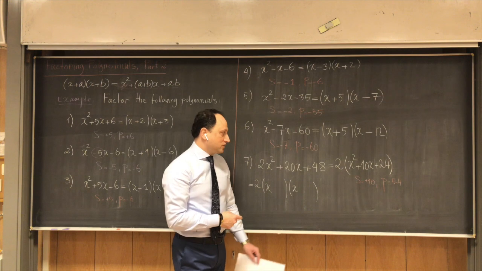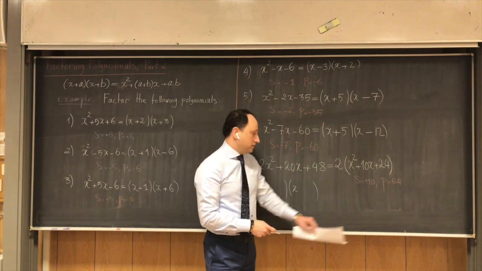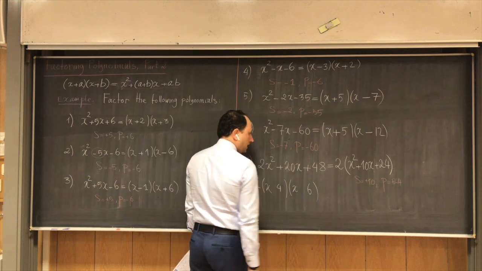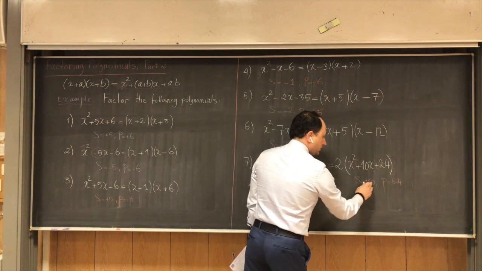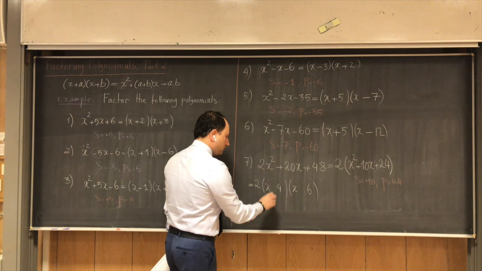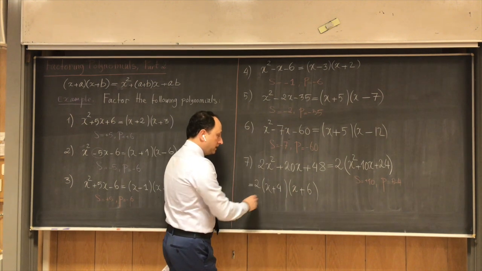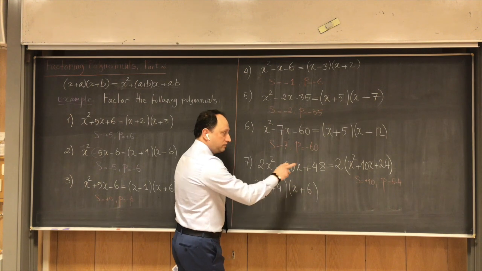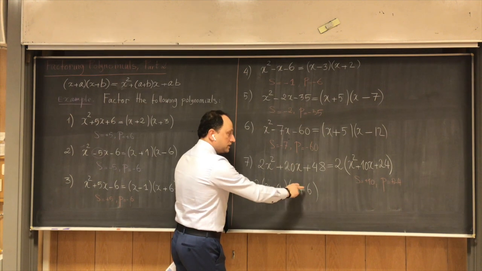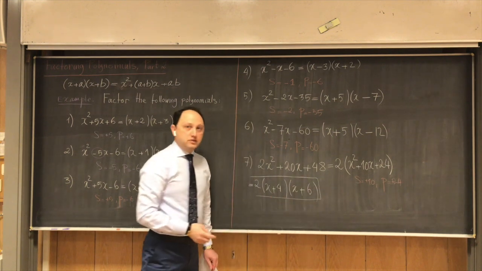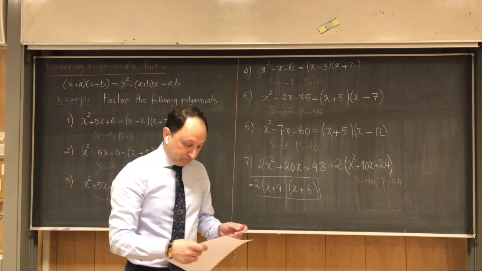For 4 times 6, the sum becomes exactly 10. So I put a 4 here and a 6 here. The product is positive and the sum is also positive, so both of them have to be positive. Of course, you can recheck this: 4 and 6 added is 10 and the product is 24. So that is the complete factorization of this polynomial.